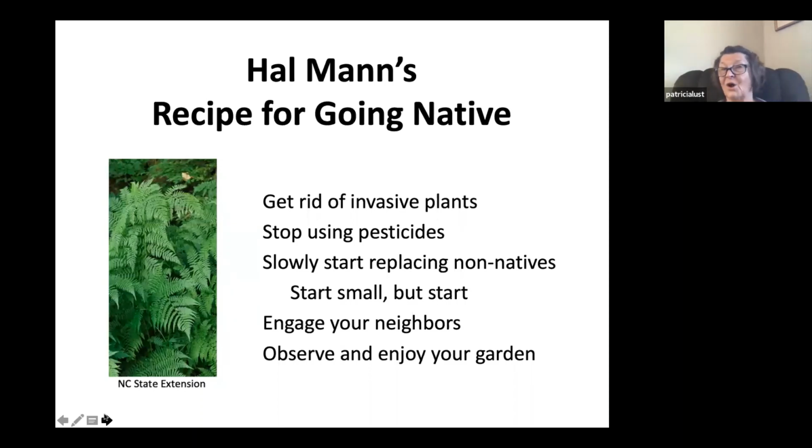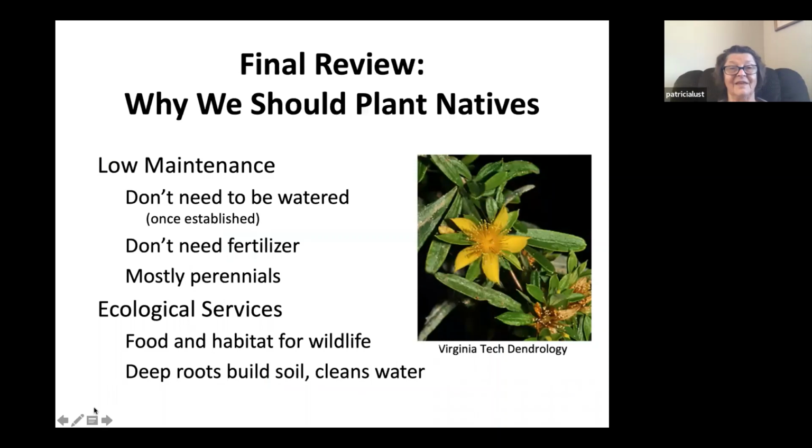Now, you don't have to go whole hog, but he did. And then just as a final point, I already mentioned native plants are wonderful because they are low maintenance, and they love to grow where you plant them, and they provide ecological services.